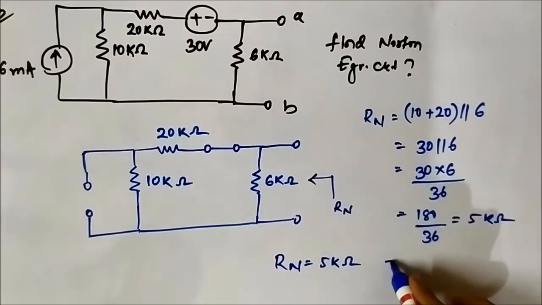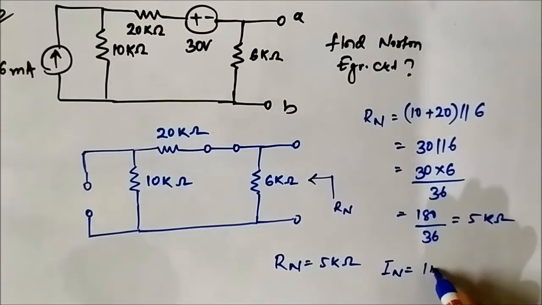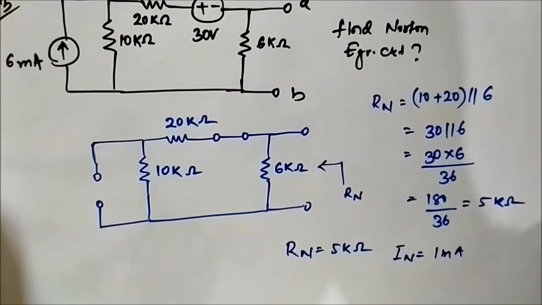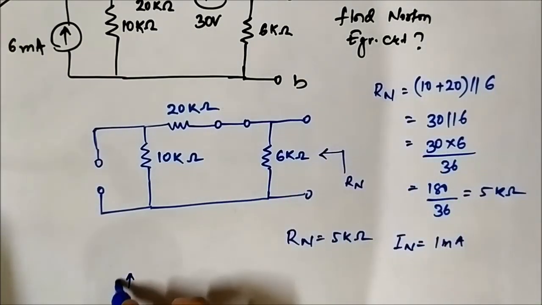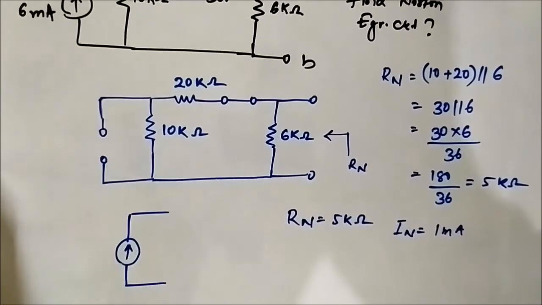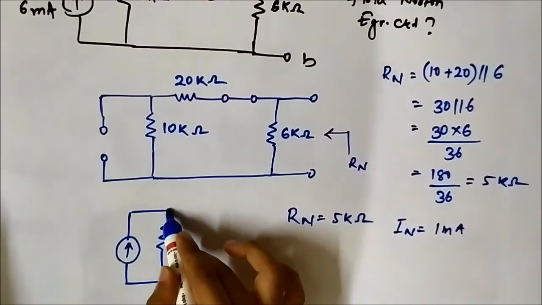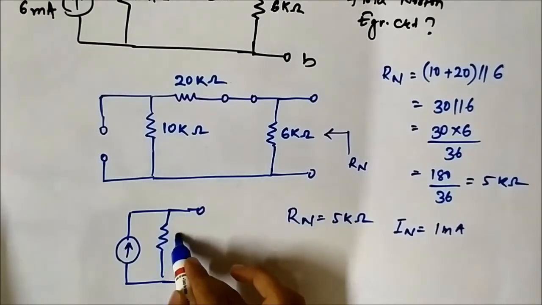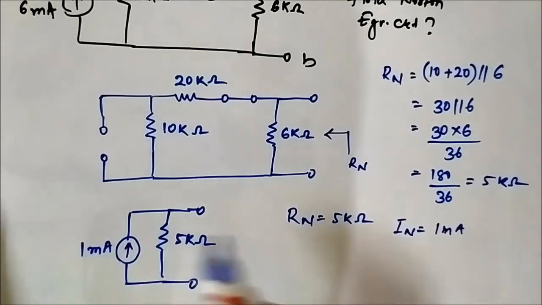We already had IN is equal to 1 milliampere. So this circuit can be represented in terms of its Norton equivalent circuit as this: 5 kilo ohm, 1 milliampere.